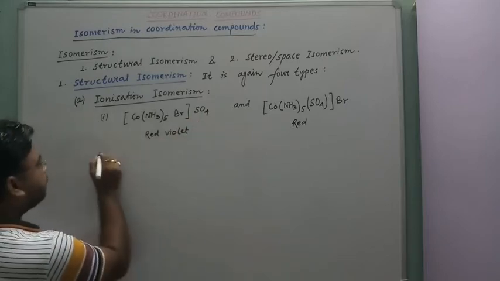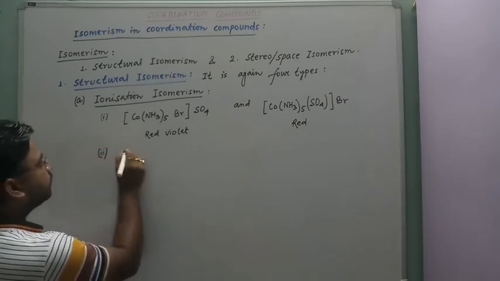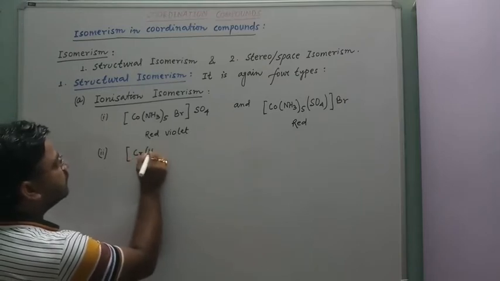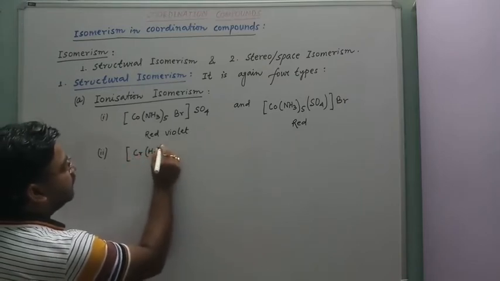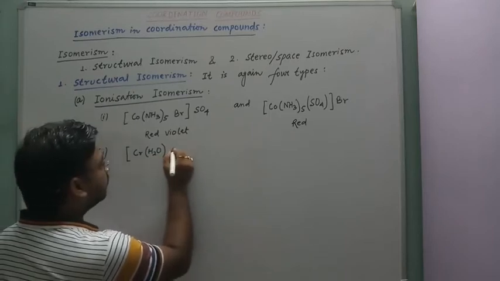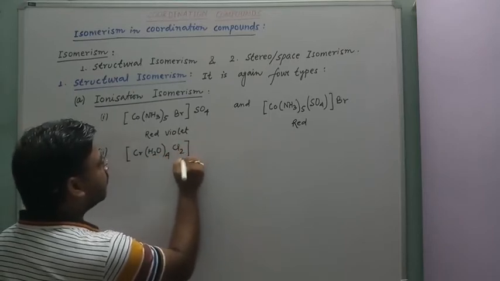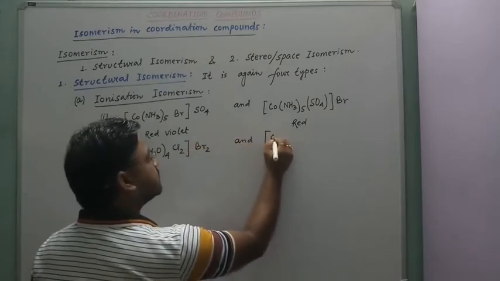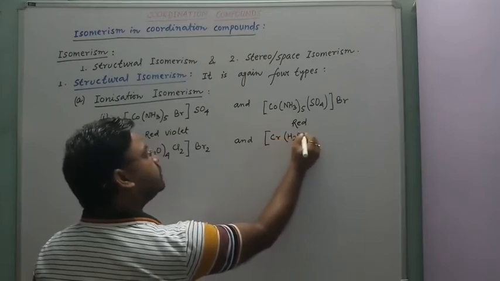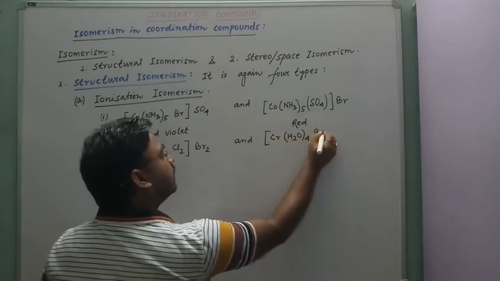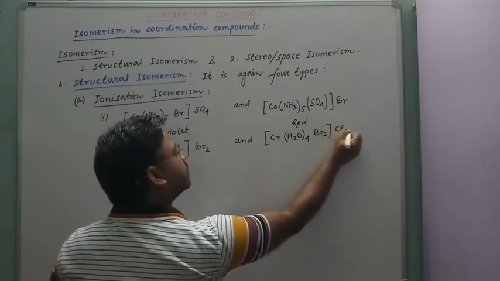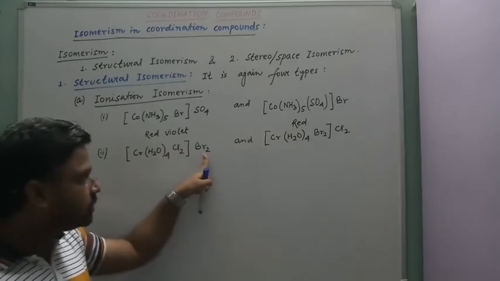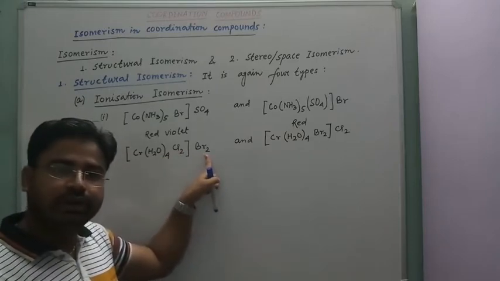Similarly, another example, number 2: [Cr(H2O)4Br2]Cl and [Cr(H2O)4Cl2]Br. This compound gives bromide ion in solution when treated with AgNO3 solution.